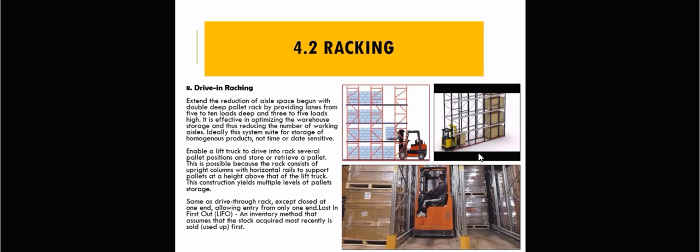This is possible because the rack consists of upright columns with horizontal rails to support pallets at a height above that of the lift truck. This construction use multiple levels of pallet storage. Okay, kalau ruang penyimpanan macam ni, dia perlukan beberapa level lah, beberapa tingkat lah untuk kita simpan pallet-pallet ni.